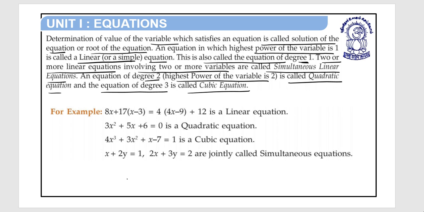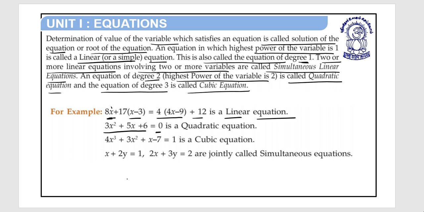Let's see examples. 8x + 17(x - 3) = 4(4x - 9) + 12. Here the variable is x and the highest power is 1, so this is called a linear equation. Next, 3x² + 5x + 6 = 0.